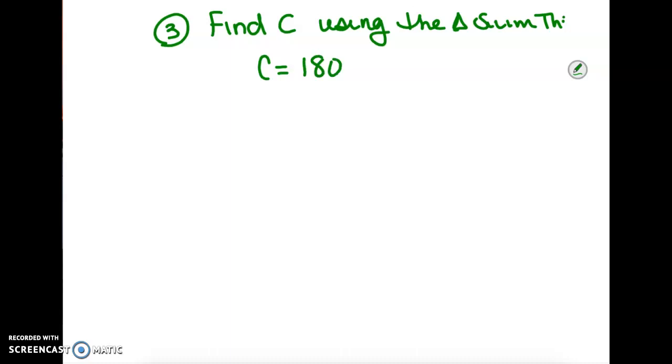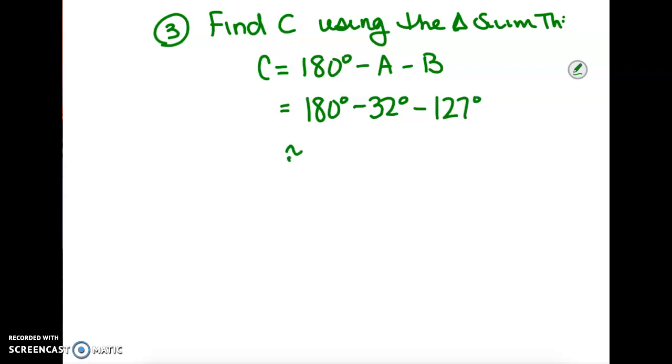C equals 180 degrees, and you're subtracting out angle A and B. So angle A is 32 degrees, angle B is 127 degrees. And then we have that as a rounded answer. So angle C is 21 degrees.